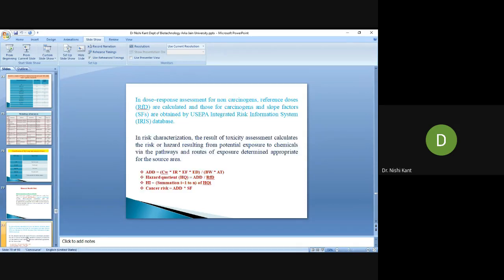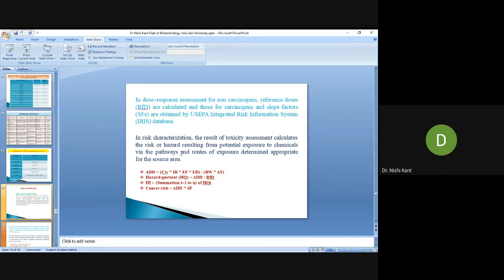So in those, the dose response assessment for carcinogenic and reference doses are calculated with the US EPA Integrated Risk Information System. In risk characterization, the result of toxicity assessment is calculated with the help of risk or hazard results.